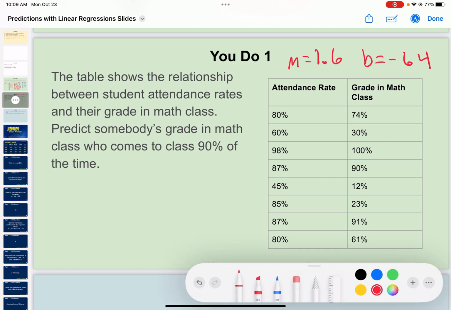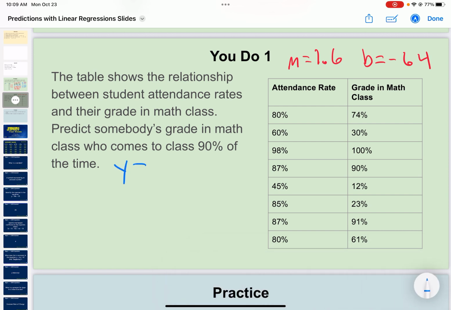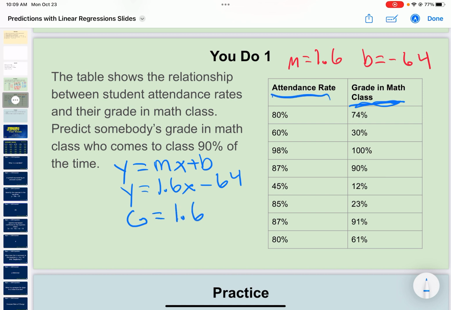And so I can make an equation now in slope-intercept form. Y equals mx plus b. I'm going to plug in 1.6 to m, negative 64 to b, but I'd rather be more specific. Y is equal to your grade in class, and x is equal to your attendance. I'll use A. 1.6A minus 64. I'll be a good student.